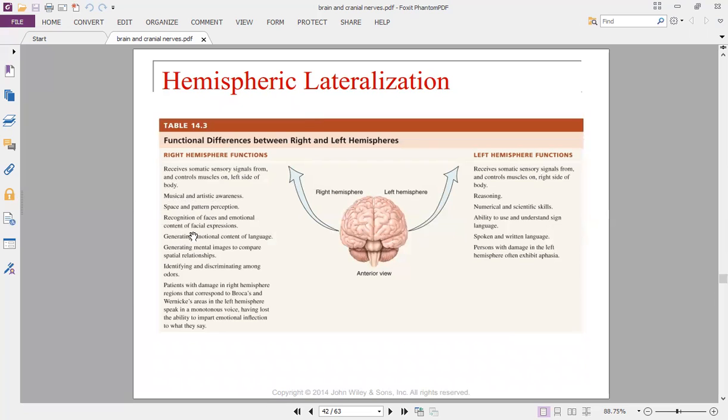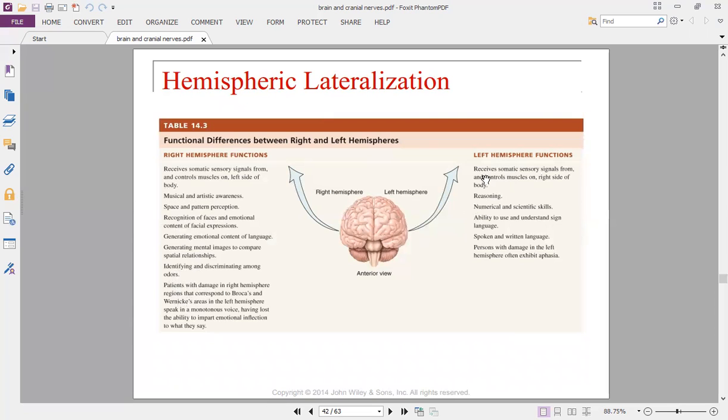Recognition of faces and the emotional content of facial expression comes very naturally to you. This generates the emotional content of language. You can recognize mental images and compare spatial relationships. You can identify and discriminate among different odors very easily. And in patients with damage to these parts, these functions are affected.